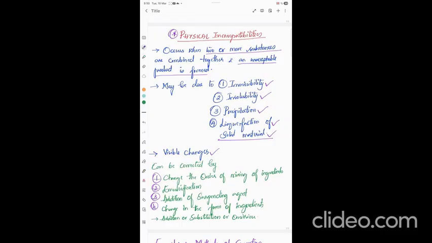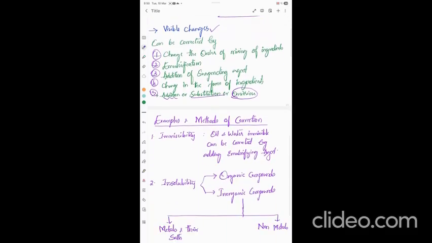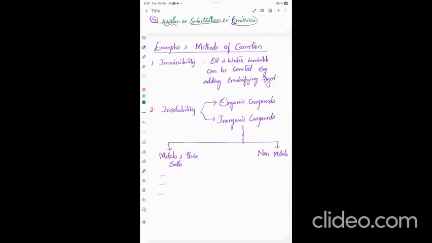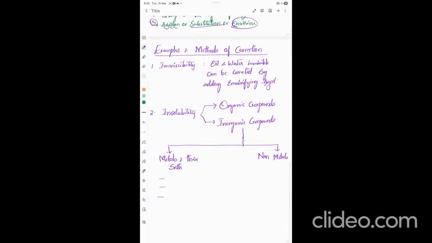Or else you can add any substance or substitute that substance with another, or you can directly omit that particular ingredient and go for the mixing of ingredients, right? And then let us go in detail about the examples of each type of the physical incompatibility and how we can correct that.